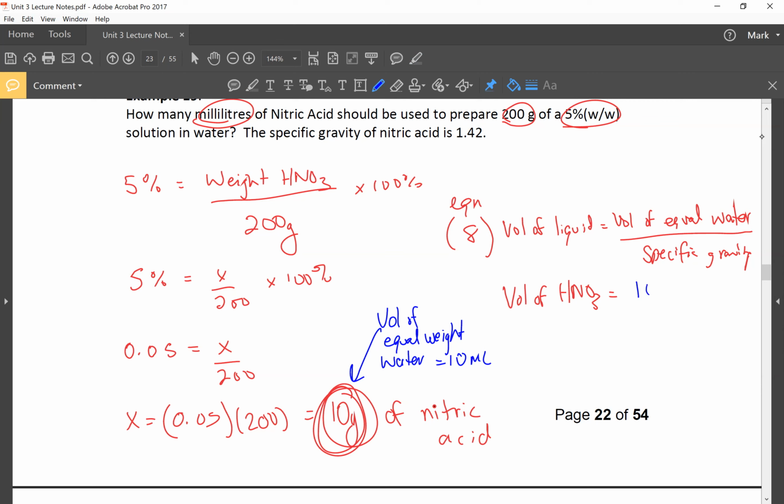So this would be 10 over my specific gravity, 1.42, and I'll get my answer finally. If you're wondering where 1.42 came from, it came from the question. So the specific gravity is right here. So 10 divided by 1.42, 7.04 milliliters.